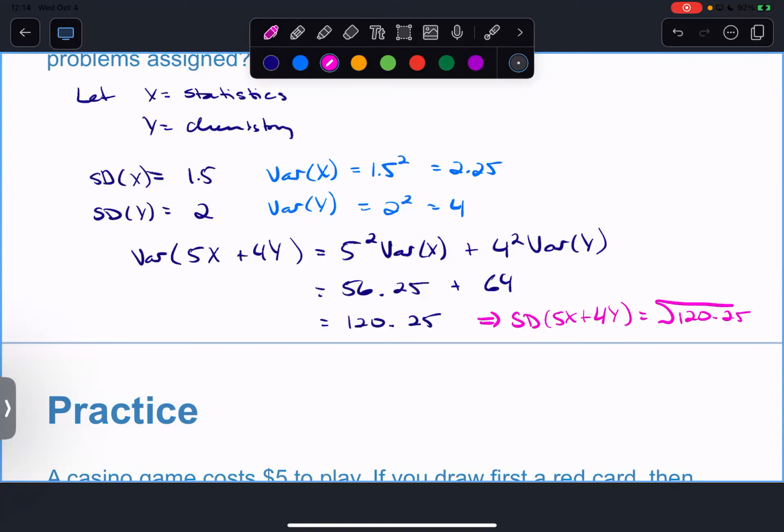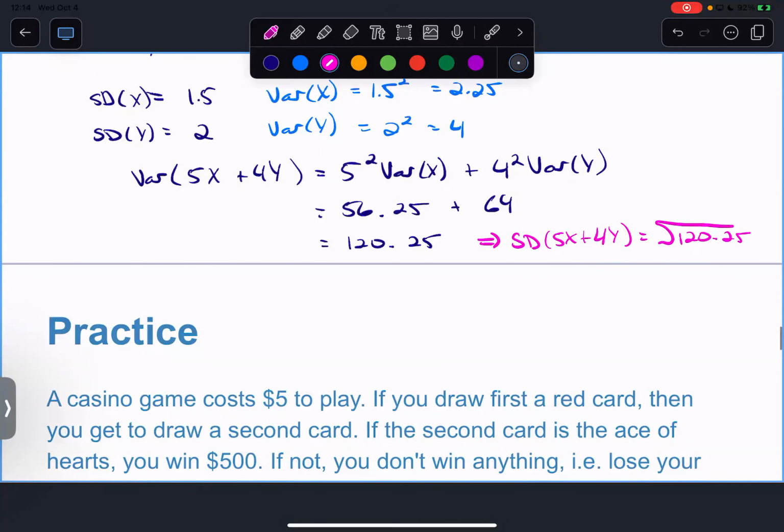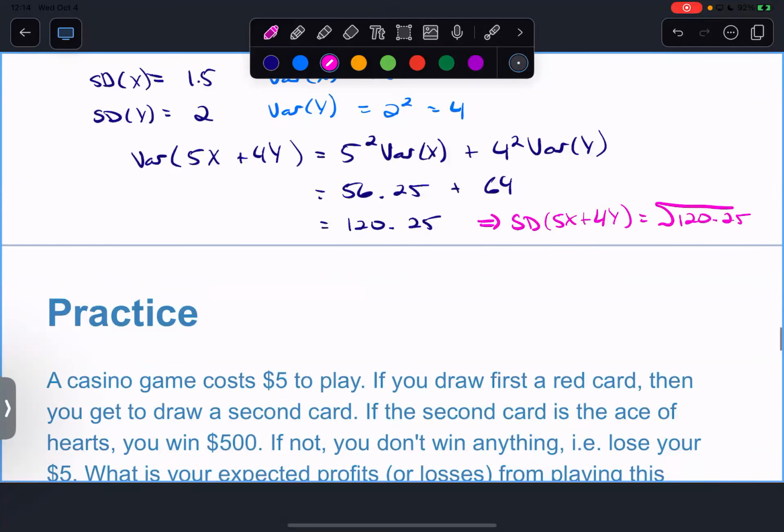Oh. How come my answer is different than their answer? Oh, dang. That's okay.